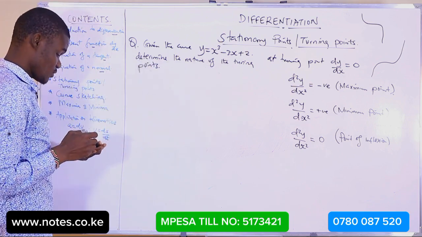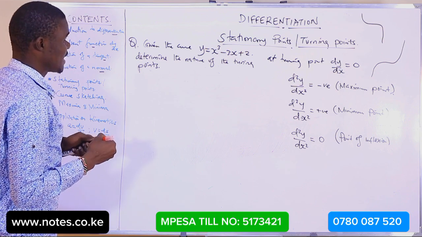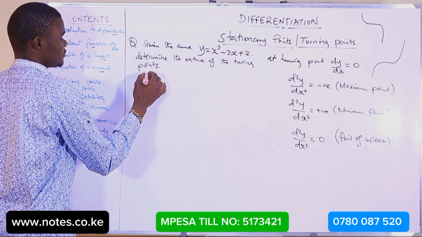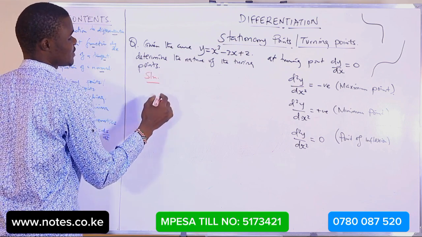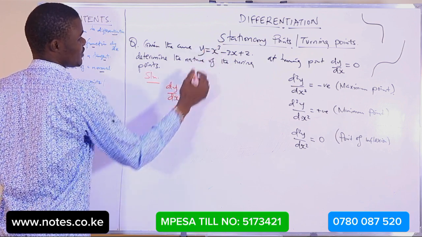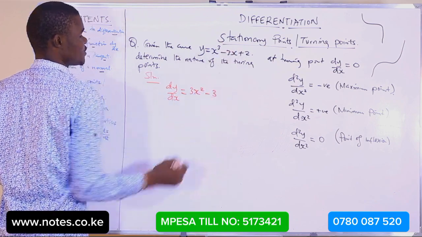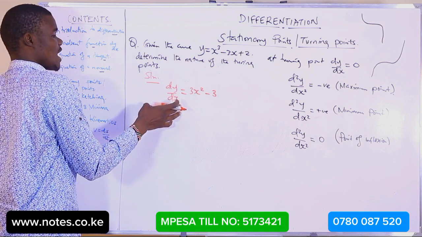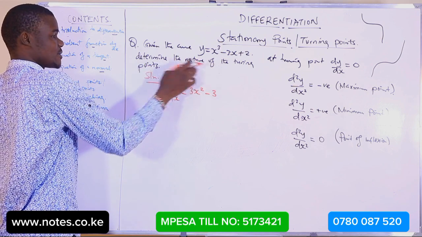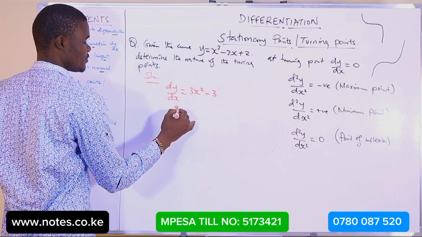So for us to solve this, number one, we are going to get the gradient function. So dy over dx is 3x squared minus 3. Then we argue that at turning points, dy over dx is equal to 0. So we are going to equate this equation to 0.